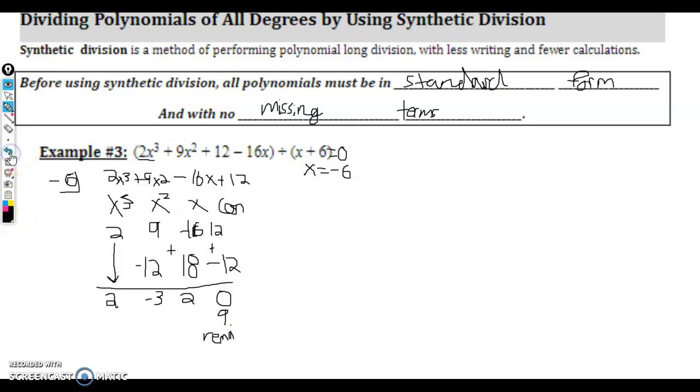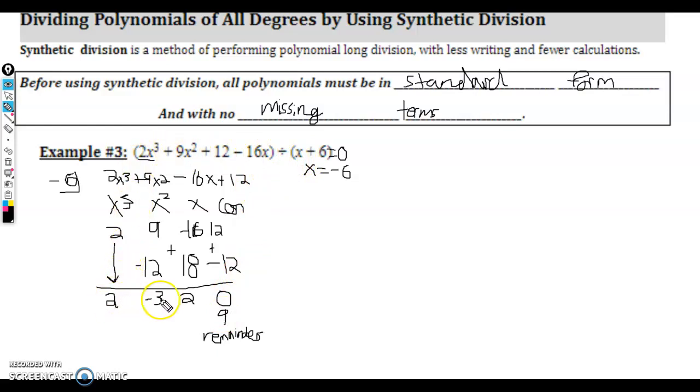Guys, this is hard. So my remainder is 0, meaning that x plus 6 divides perfectly into this long thing.